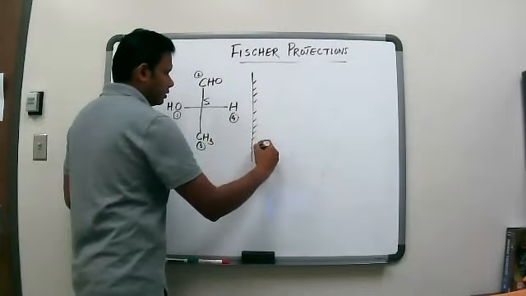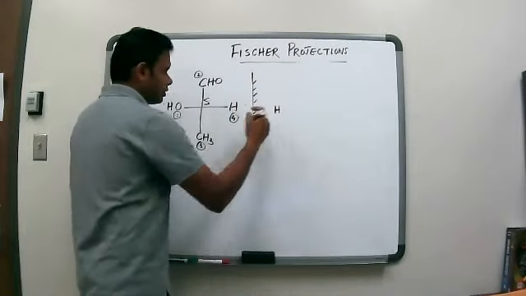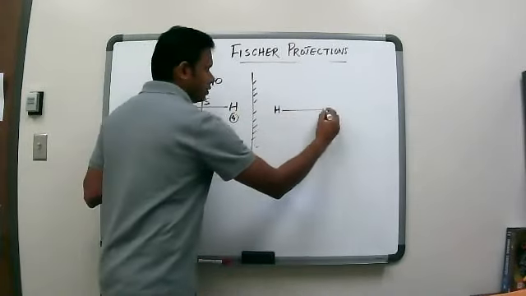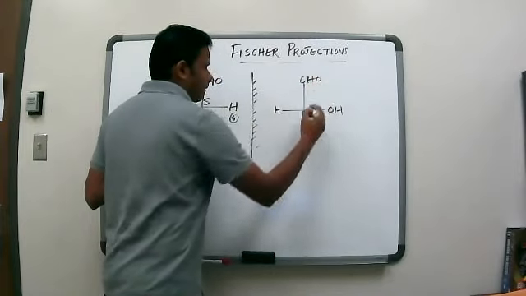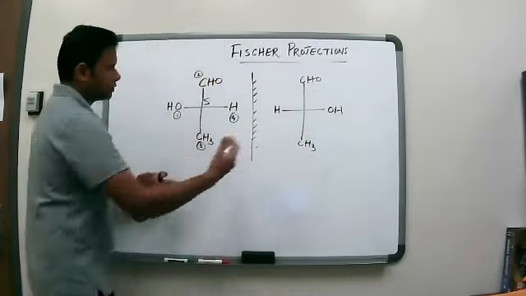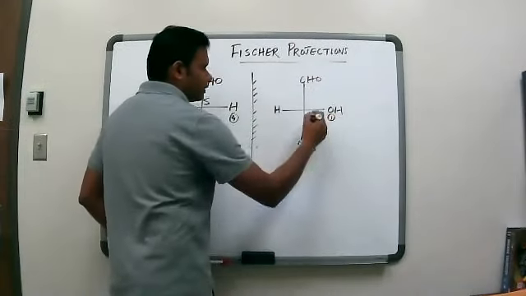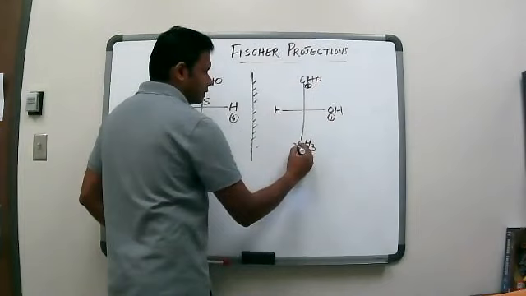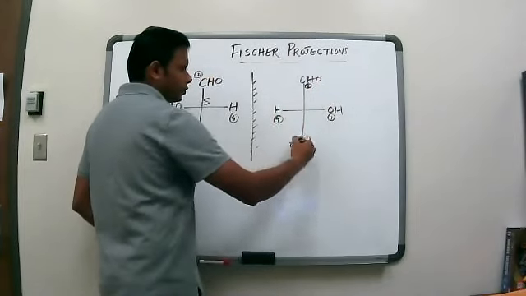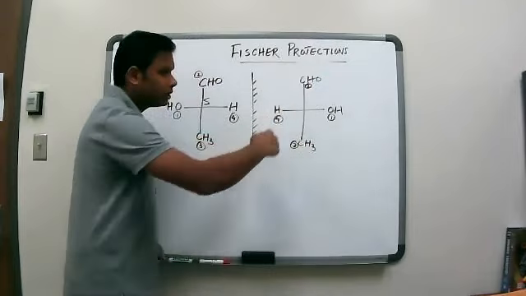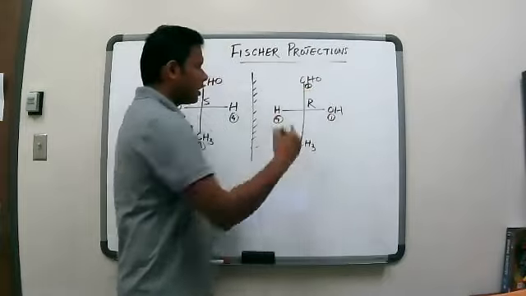If I consider a mirror plane over there, the enantiomer for this molecule should be this structure, which is basically its mirror image. Now if you assign configuration 1, 2, 3, 4, going from 1 to 2 to 3 is counterclockwise, but hydrogen is on a wedge, which means this is R.